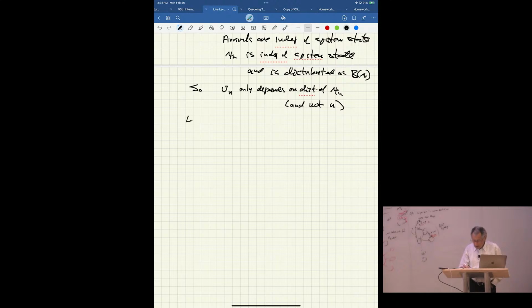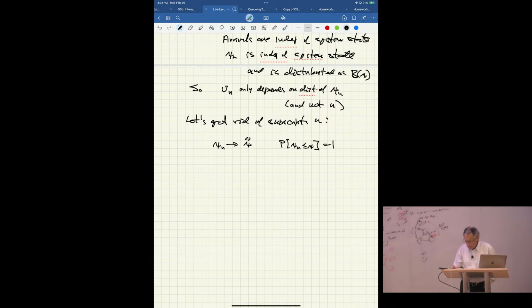So I'm going to get rid of the subscripts n, at least for this calculation. That means Xn as a random variable will be written now just as x tilde, a service time density. And the probability of Xn being less than or equal to x is going to be written as the probability of x tilde less than or equal to x, which of course is what notation? Capital B of x. That's what we mean by capital B of x.